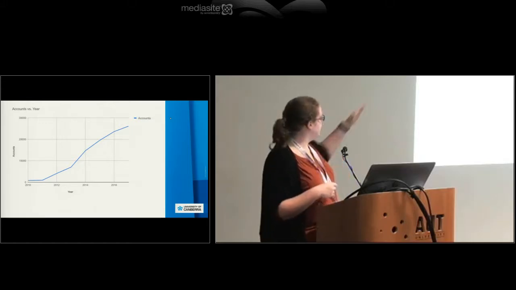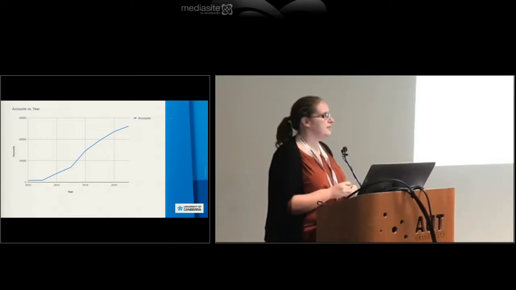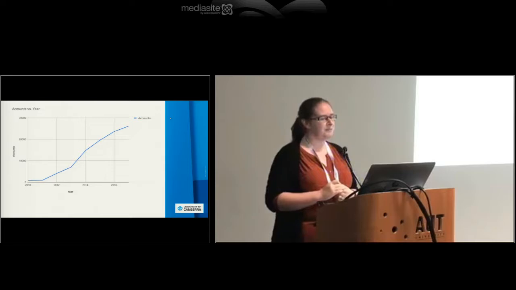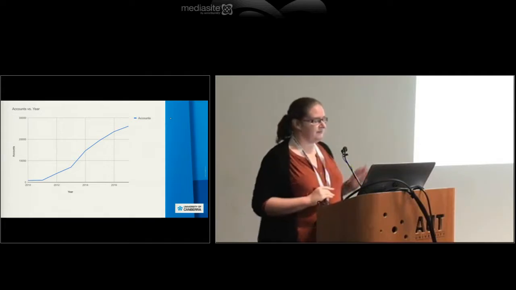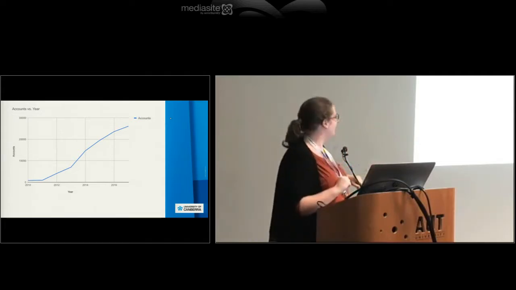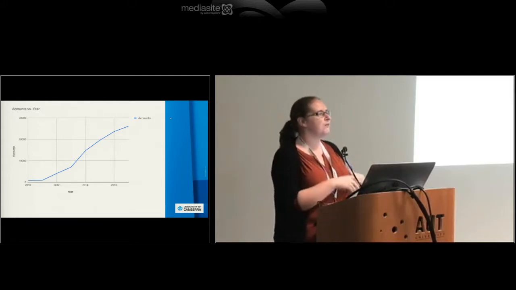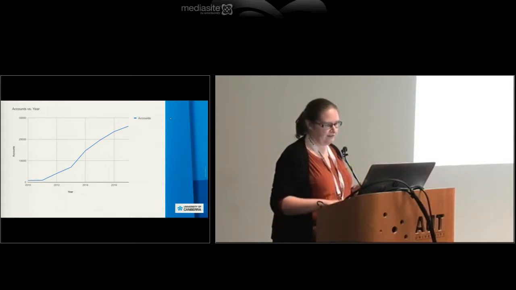So you can see the steady increase in usage, and there's a bit of a spike where the line starts increasing more quickly, and that coincided with the introduction of a common first year unit at the University of Canberra, which I'll tell you about later.